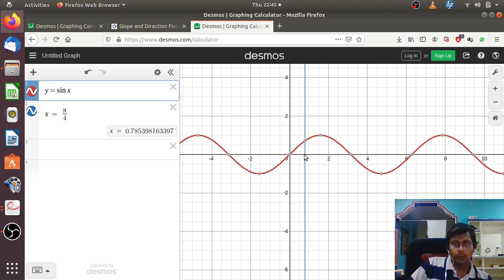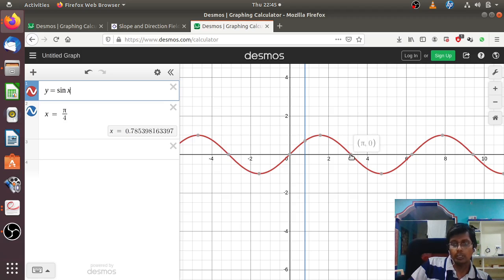So if x is going to increase, then from this point, is it going to go in this direction or in this direction? x is increasing, so it's going to go in this direction. At this point, x dot is still positive, so it will go in this direction again, the same argument, until it reaches this point.